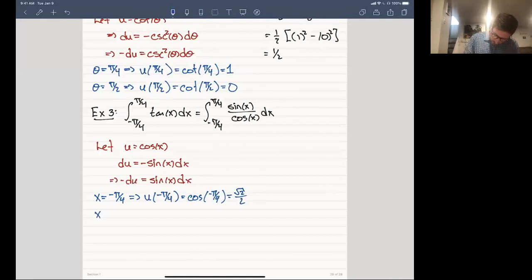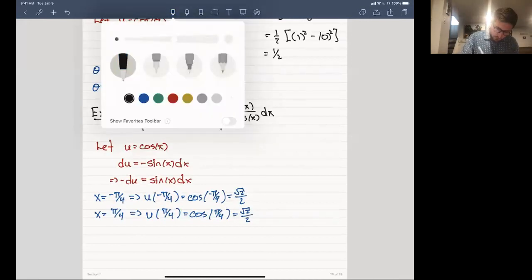Then, when x is equal to positive pi over 4, this gives me u of pi over 4, which is the same as saying cos of pi over 4, which again gives me the square root of 2 over 2.